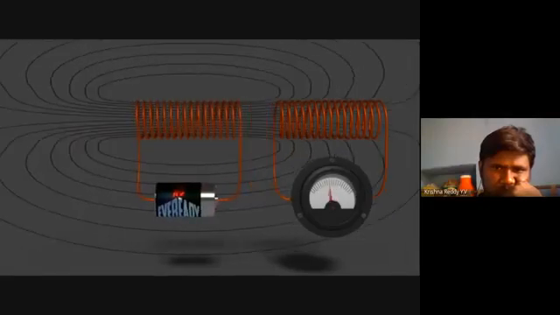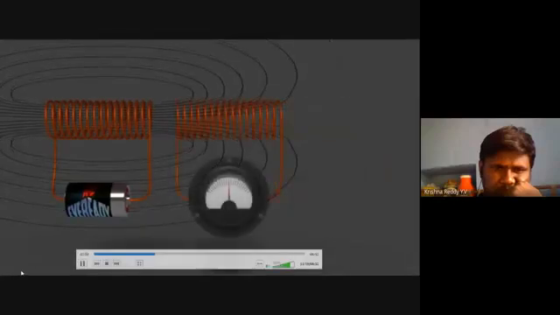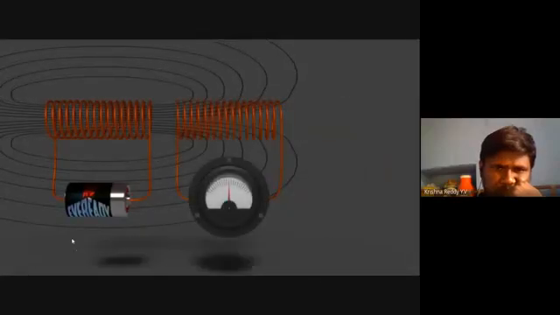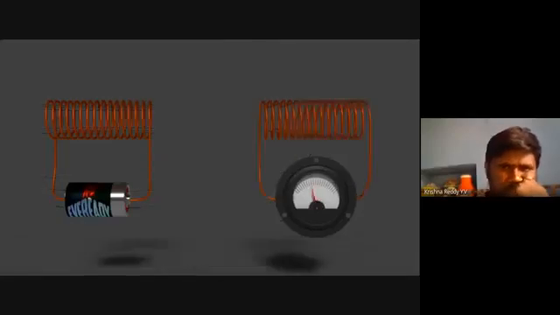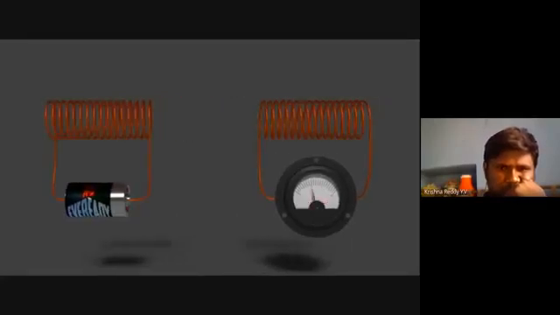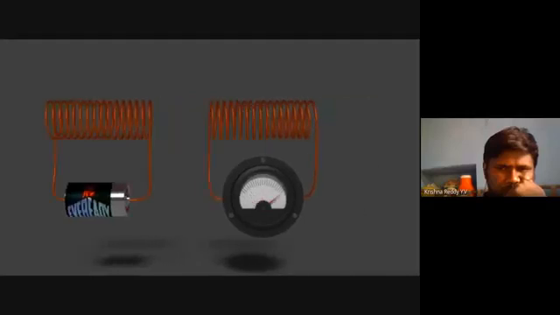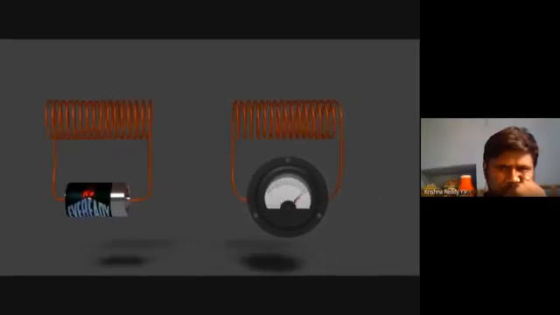In the first case, there was a flux linkage in the second coil from the first coil, but no voltage induced in the second coil. In the second and third cases, there was still flux linkage in the second coil from the first coil, but the flux linkage was changing due to movement of the coils.